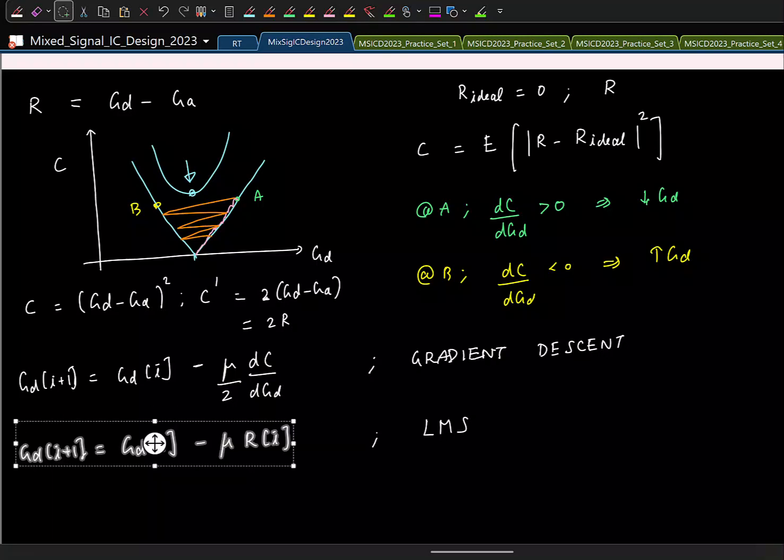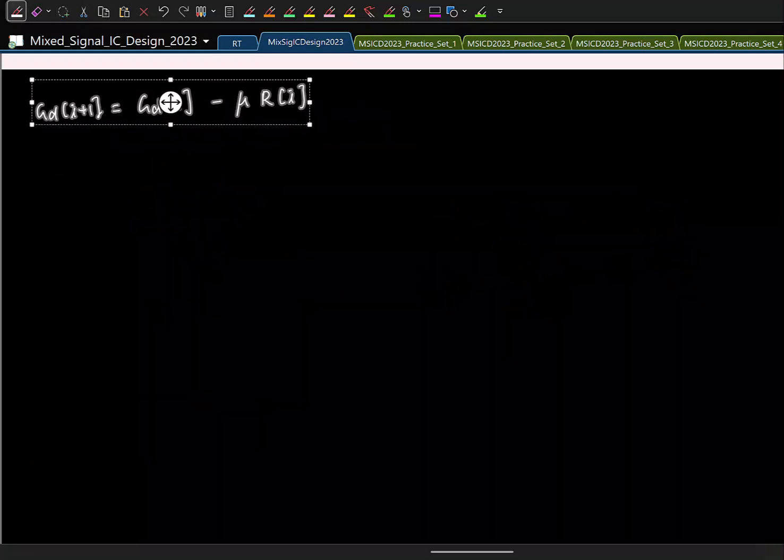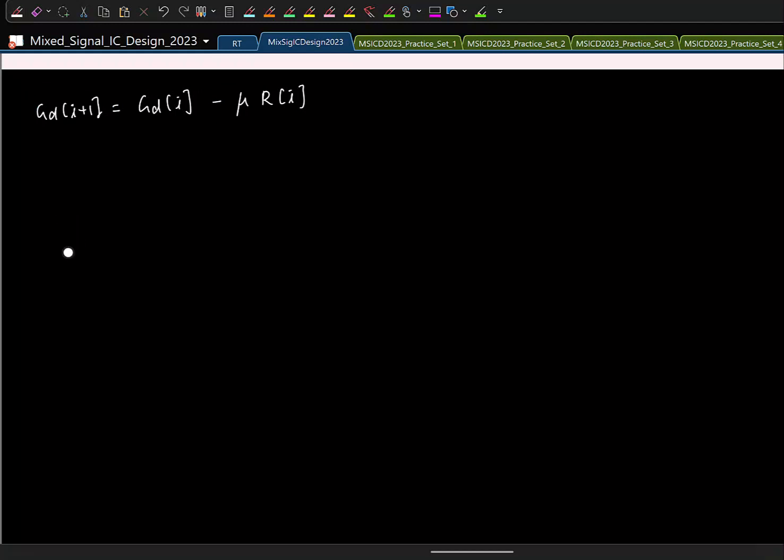Let's say this is what I have. Let me copy this. So here, let us say I try to find the transfer function GD of Z by R of Z. This is all discrete time sequences, right? I take the Z transform. What do I get?